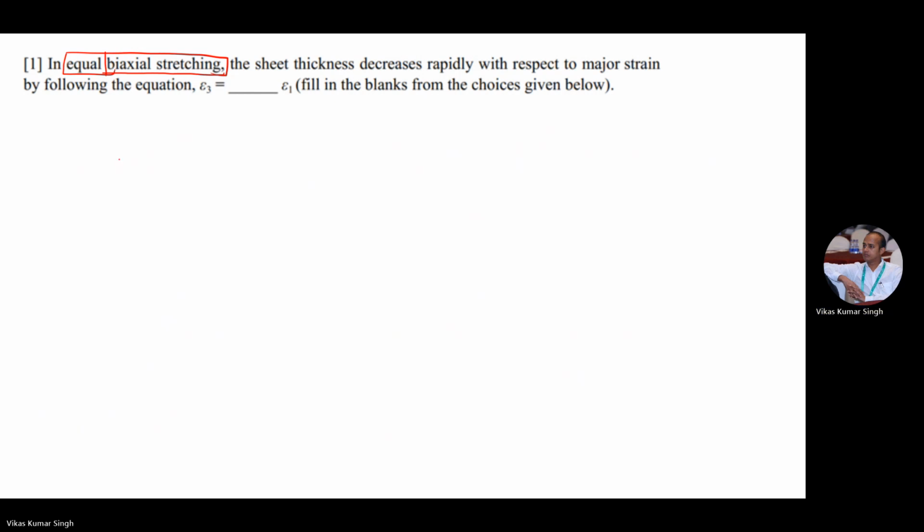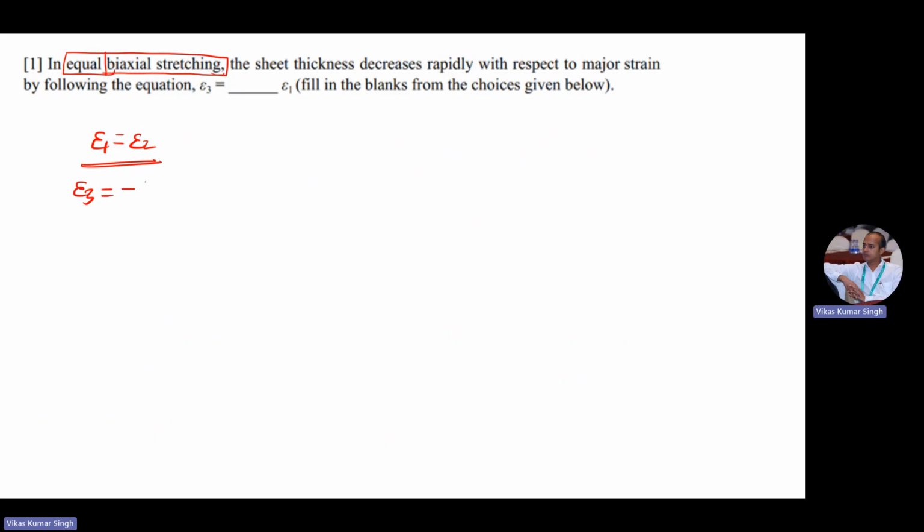So equal biaxial, again we have epsilon 1 equal to epsilon 2. And what about epsilon 3? Because here nothing is told in terms of whether plane strain condition is there or not, so we have to consider epsilon 3 also.